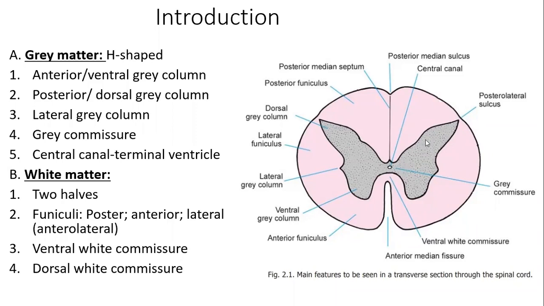It connects the two halves, right and left, of the spinal cord's gray matter across the midline and is traversed in the midline by this gap you can see in the diagram, a very narrow, small opening shown in the center of the gray commissure. This is the central canal, which passes through the gray commissure.